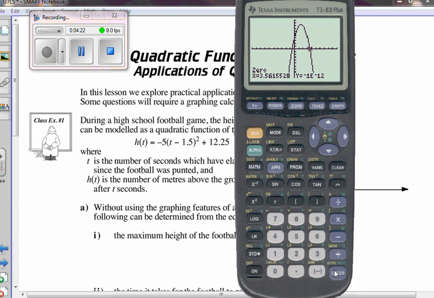Could you find the maximum of this graph? How could we find the maximum? Second trace. 4 for maximum. Left of what this time? The curve on the top, the bump. So left of the bump, anywhere on the left, anywhere on the right of it, and then it says make a guess. So it's about there. And so the maximum here would be at 1.5 and 8.5. Okay?